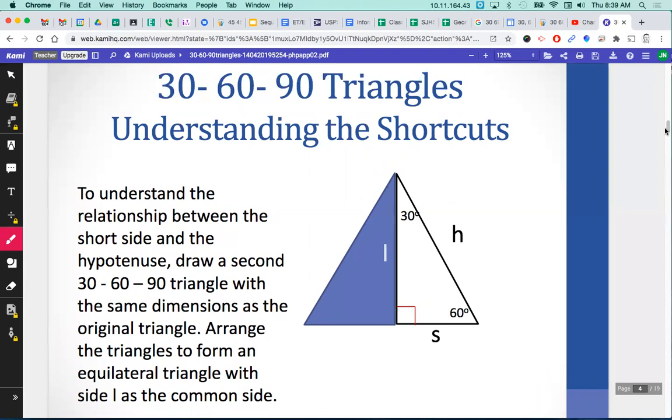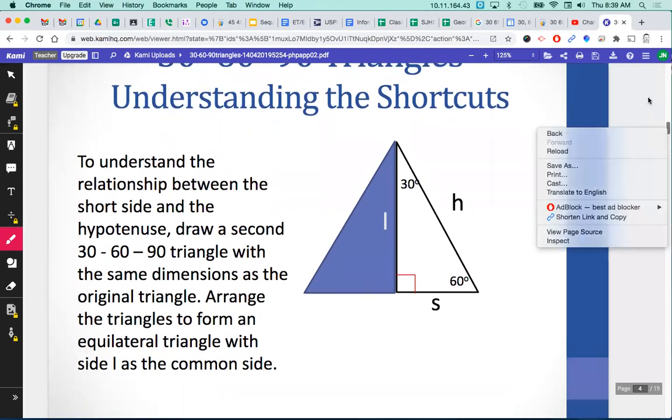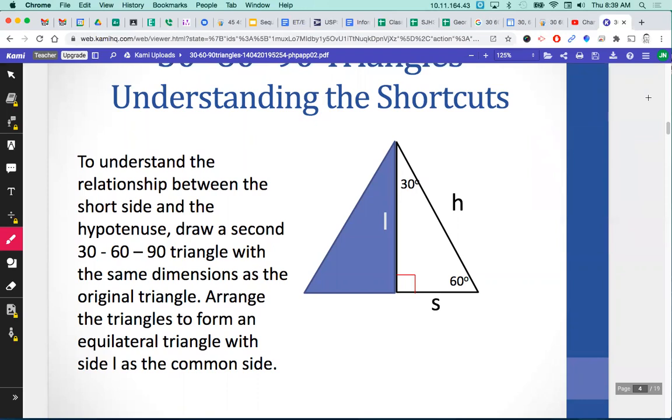Three 60-degree angles, one here, and then the two 30s together will make another 60-degree angle. We know equilateral triangles have sides that all have the same length. Because we know that, we can find a couple of those ratios that we're talking about.